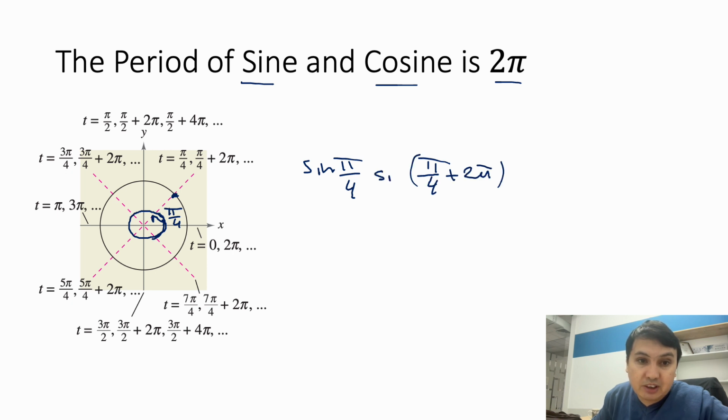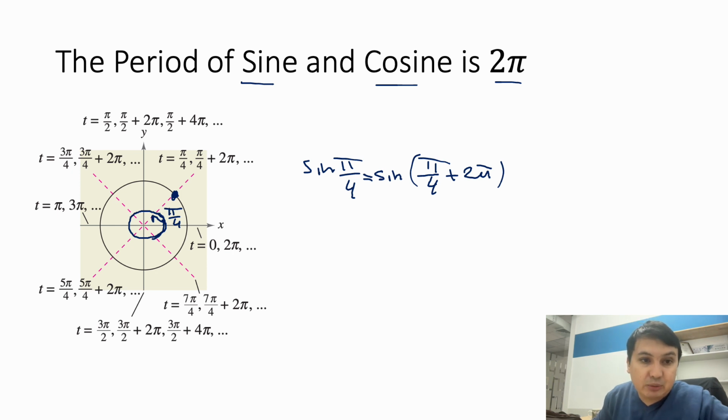So if I take the sine of this, it's the same, because once I come back to the same angle along the circle, after one rotation, I arrive at the same y coordinate. That's the sine, and the same holds for cosine, the x coordinate.